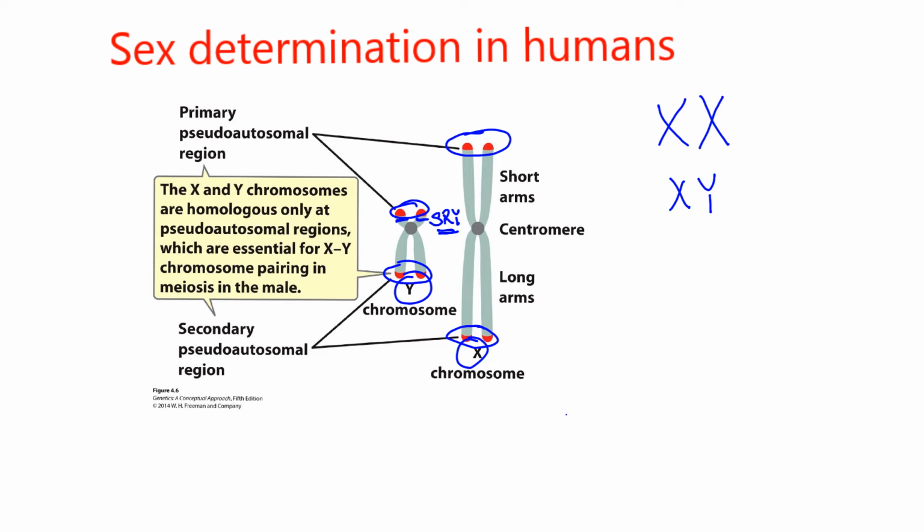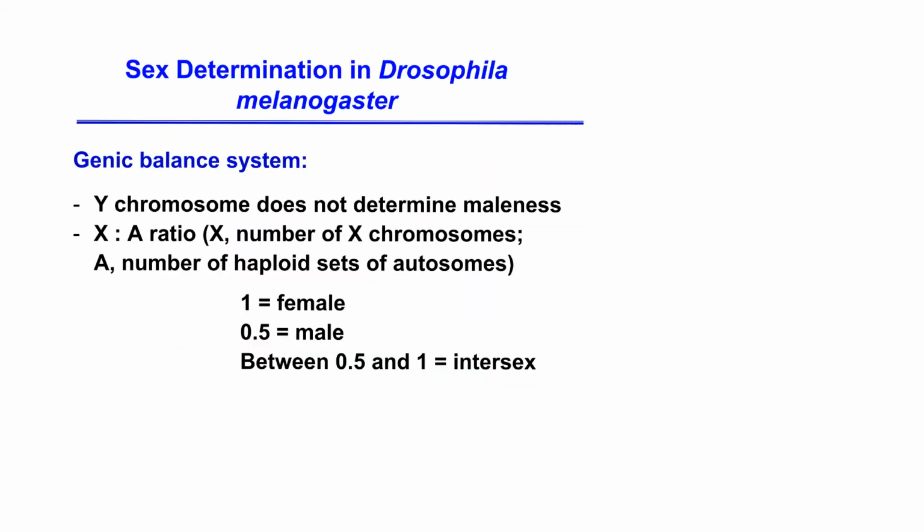Now, I will step back and talk a little bit about the importance of the Y chromosome. Why the Y chromosome, or how do we actually know that it is the Y chromosome that determines maleness? In fruit flies, Drosophila melanogaster, sex is determined by the genic balance system. What does it mean? Even though fruit flies have a Y chromosome, it does not carry genes which would determine maleness.